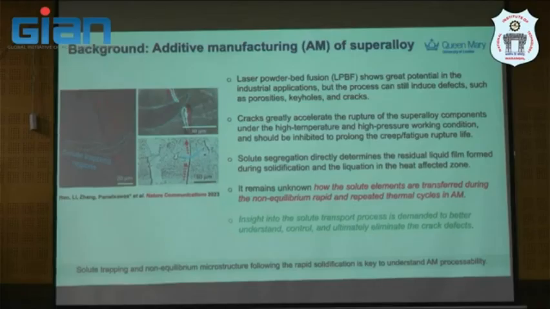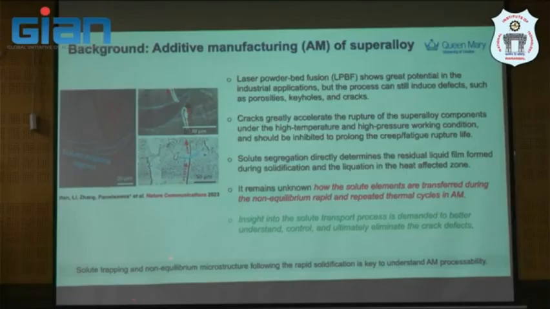This is the question we ask ourselves, and insight into this transport will provide a better understanding, hopefully going to eliminate crack defects, because if we know this has an impact on crack propagation, we can do something to mitigate that. And that's what we are trying to do too.